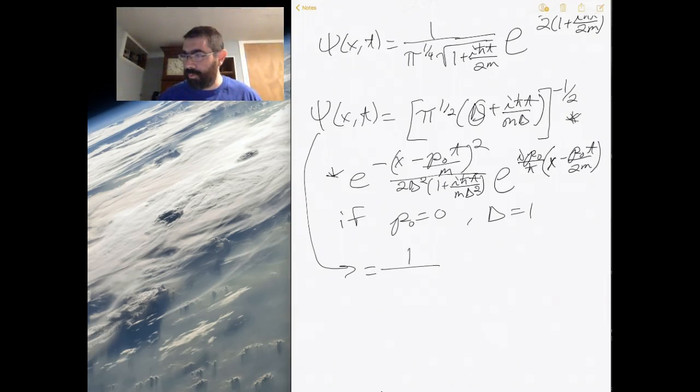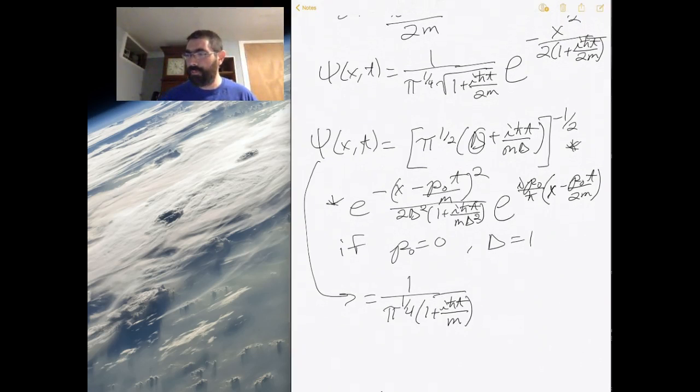So you get 1 over pi to the 4th, so square root of pi to the minus 1/2 power times 1 plus I h bar t over m, which is the same as what we got from this exercise.